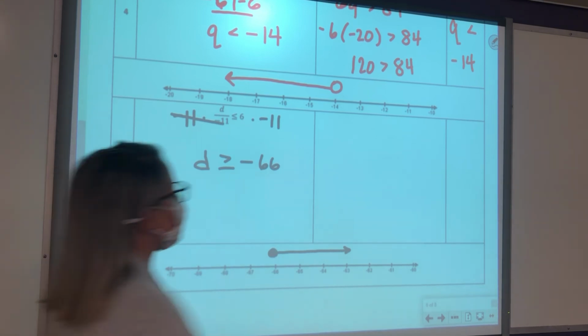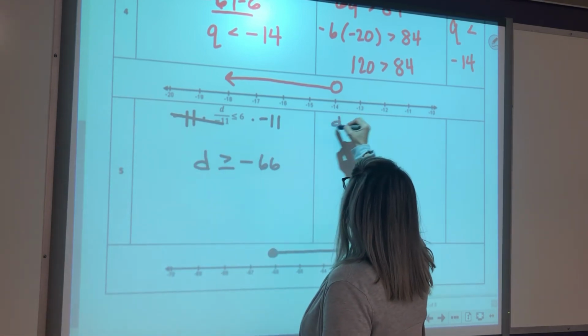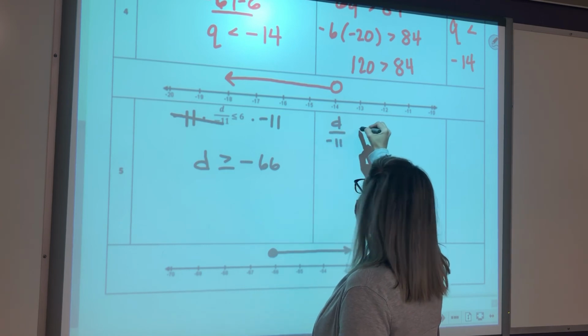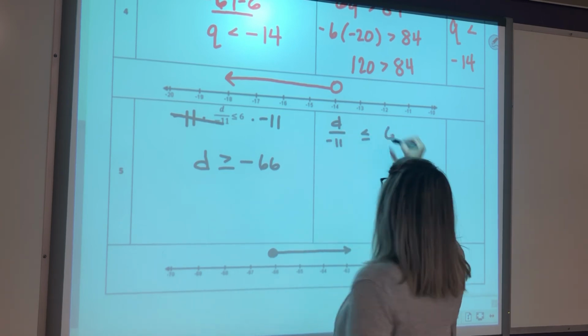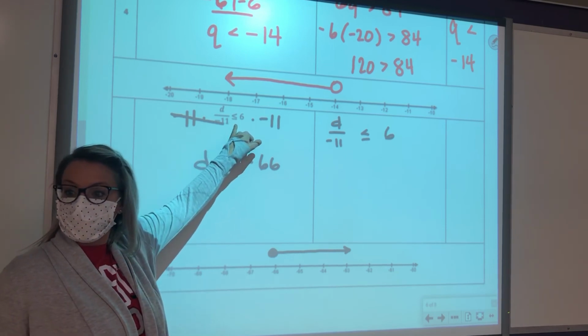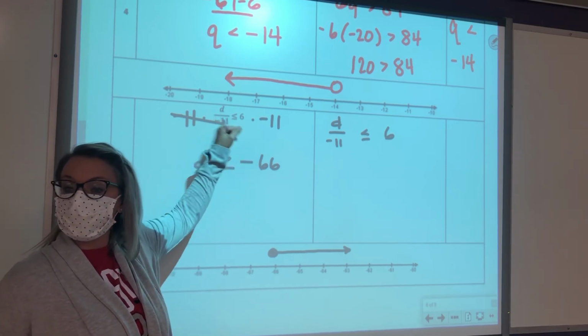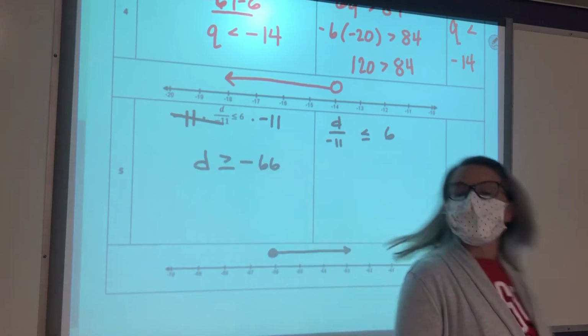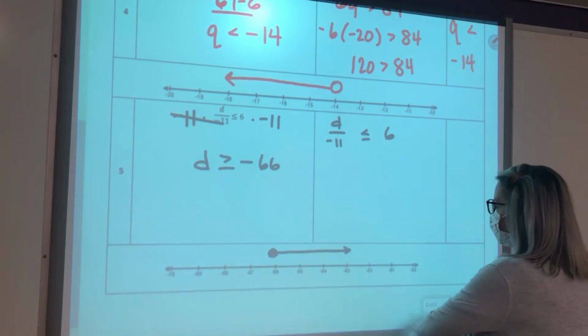Now when I check this, d over 11 is less than or equal to 6. I kept my problem the same. I didn't change my problem because I want to check it against the original problem. I'm going to use negative 55.